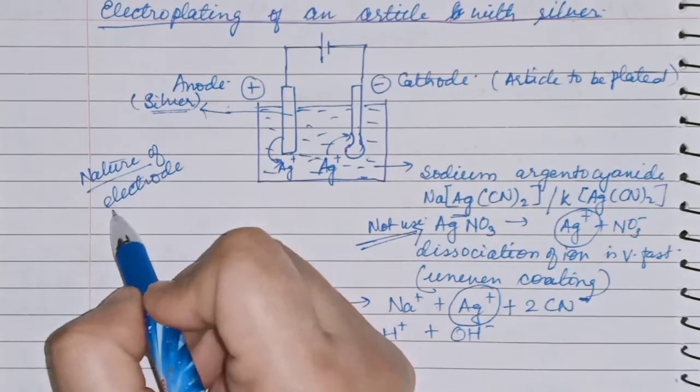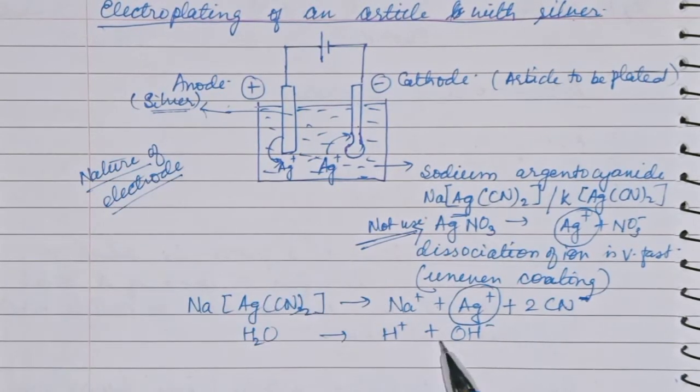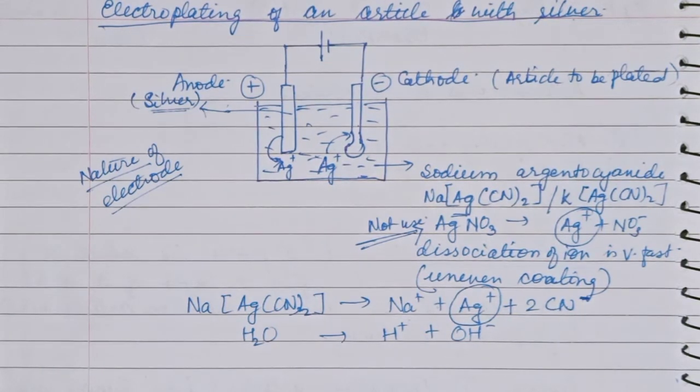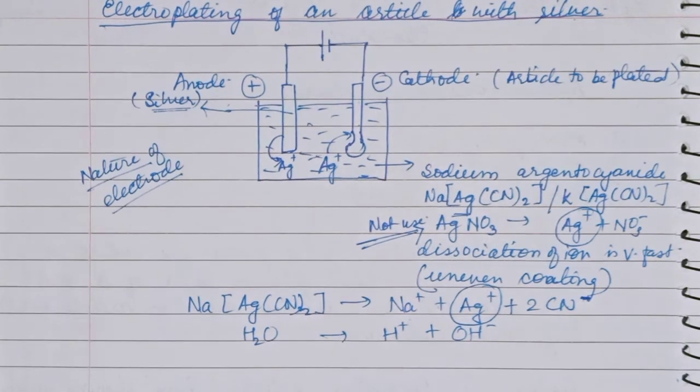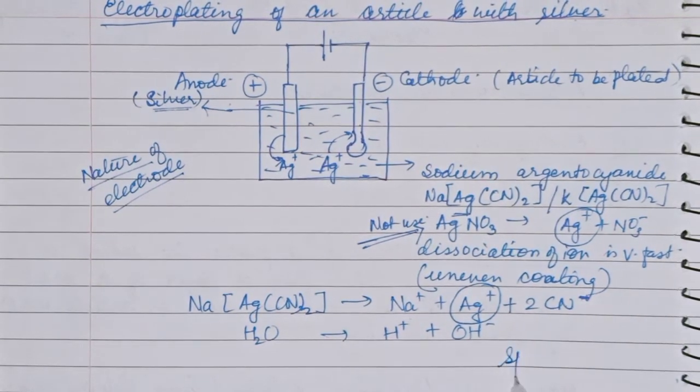So this is called nature of electrode. That's why there is no deposition of these ions on any electrode, and this is called spectator ion.